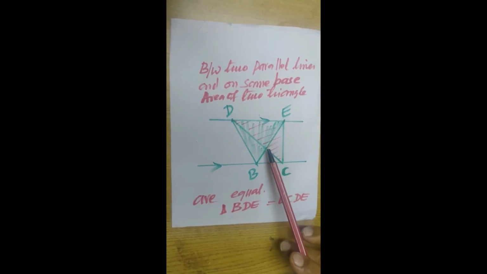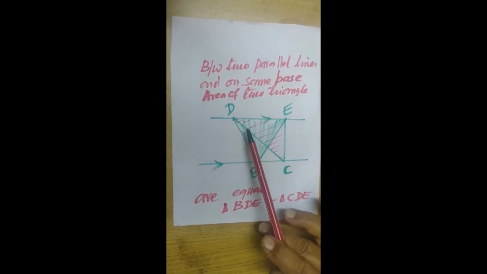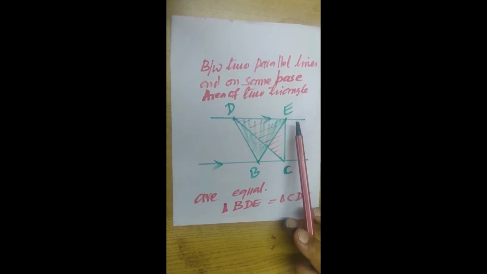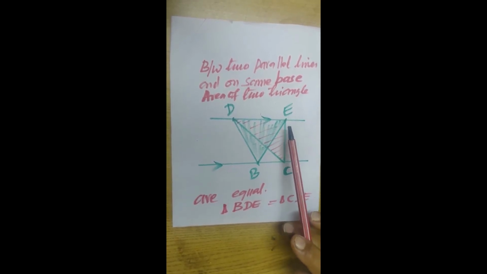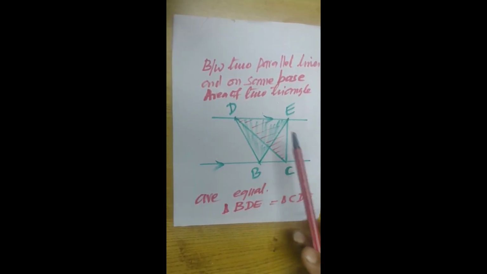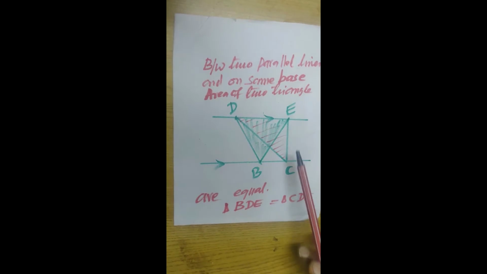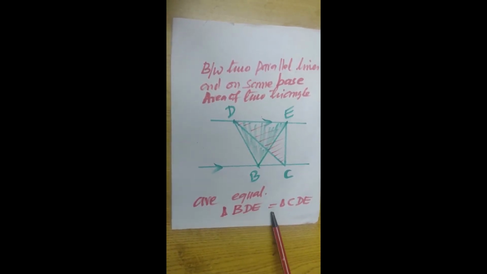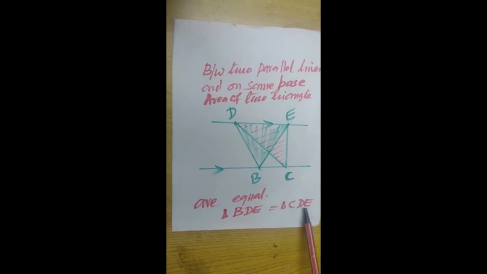Comparing these areas, because these two triangles lie between two parallel lines and on the same base, their areas are equal, that is triangle DEB is equal to triangle DEC. They are equal, that is triangle BDE is equal to triangle CDE.